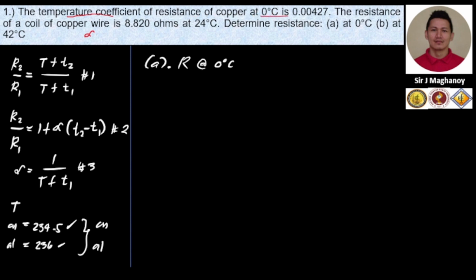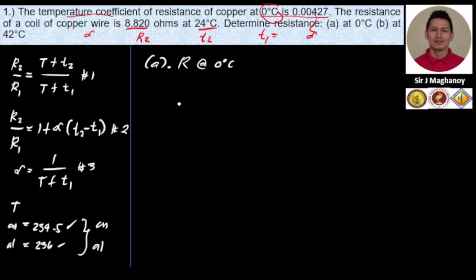It means that 0 degrees temperature is your initial, and the resistance of the coil of copper wire is 8.82, so this is our final at 24 degrees Celsius. So this is our T2. How about our initial temperature? Our initial temperature T1 is 0 degrees Celsius.